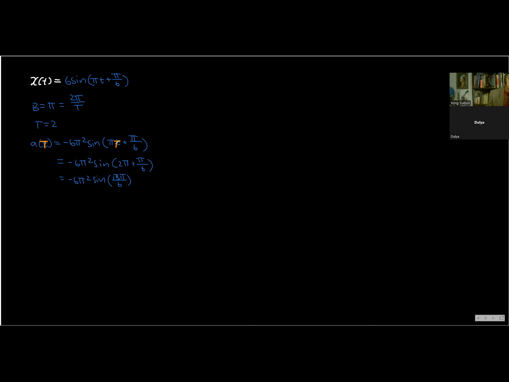So you can simplify from here to 6 pi square sine of pi over 6. Because this is a periodic function, you don't have to add them up because this is exactly the period.